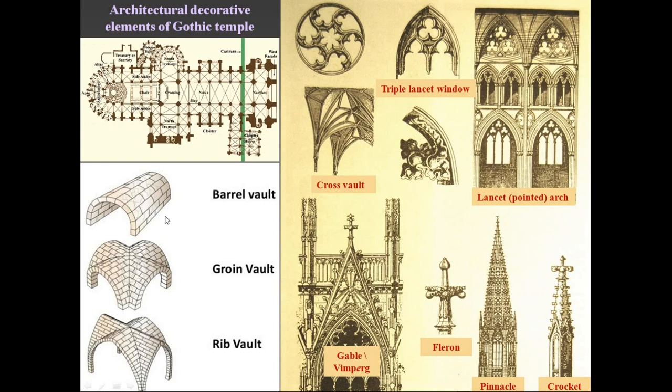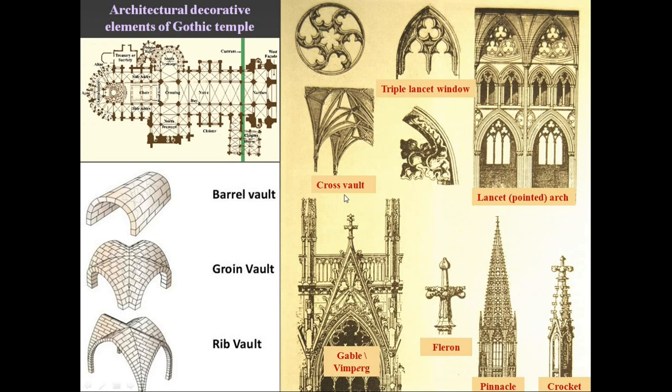Here are the most widespread examples of vault systems that were used during the Gothic period, from early Gothic to later Gothic. This is the barrel vault, which is more typical for the previous Romanesque architecture. Then groin vault and rib vault. Then we'll see the usage of triple lancet windows, of course, with the motif of a stained glass rose, so-called rose windows.